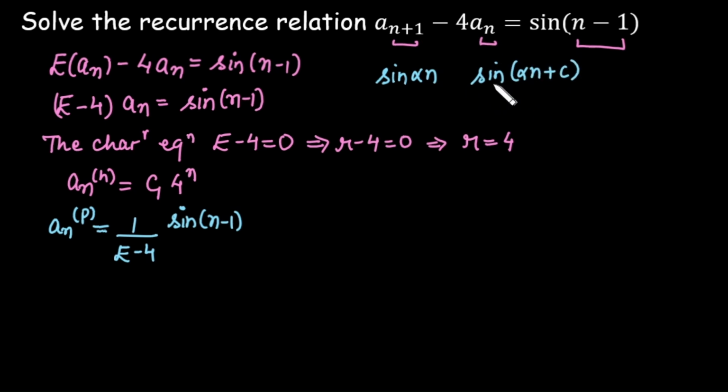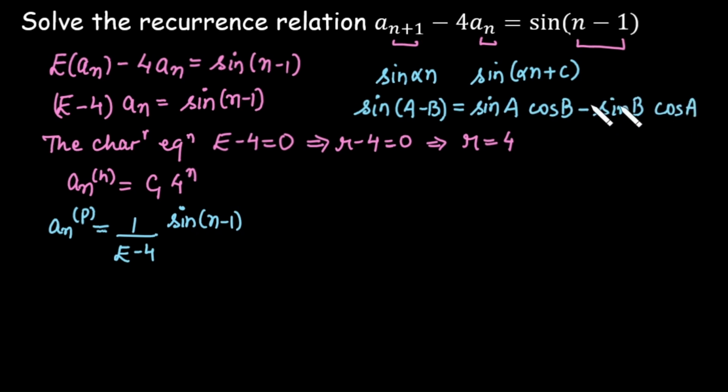So in this case, first we need to expand this. For that we need to use sine a minus b form. So sine a minus b is equal to sine of a cos of b minus sine of b cos of a. To substitute the value of a as n and b as 1.